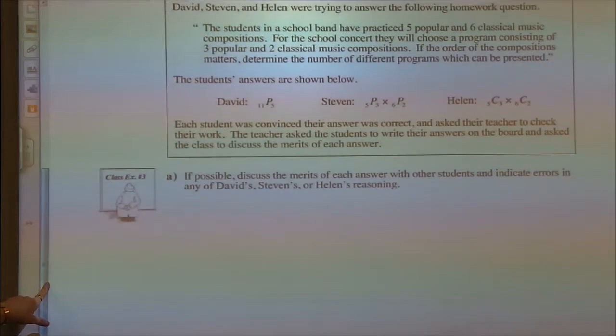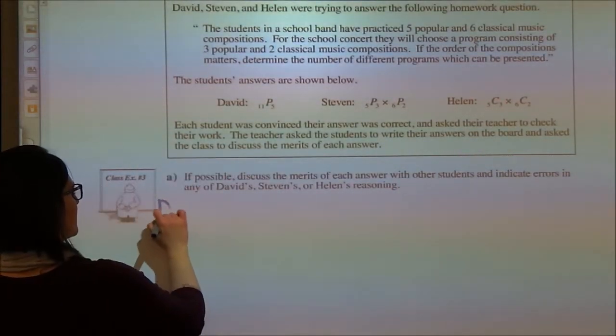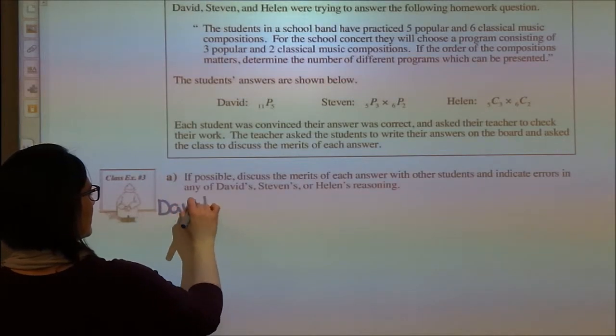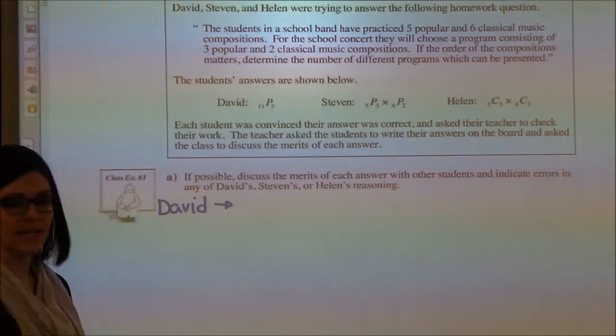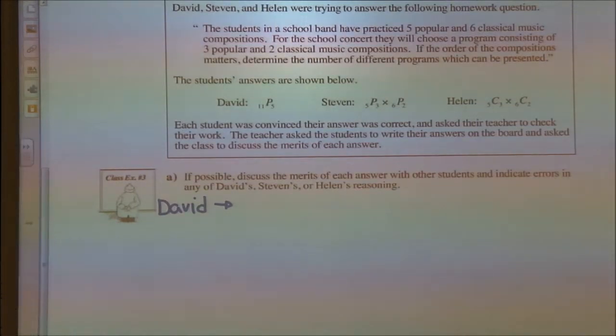So if we look at David's, did David consider order with his 11P5? Yeah, order matters. That's why he used a permutation. Did he do it correctly, though? What is he picking?